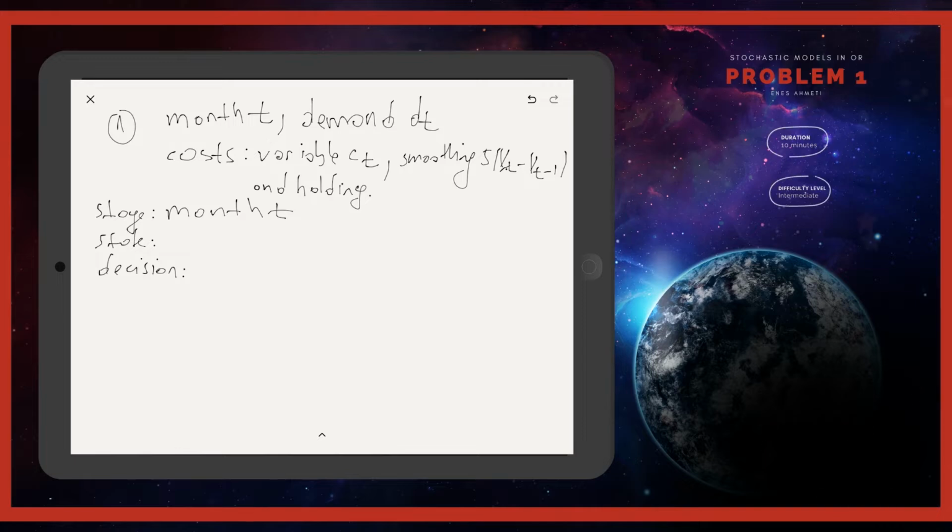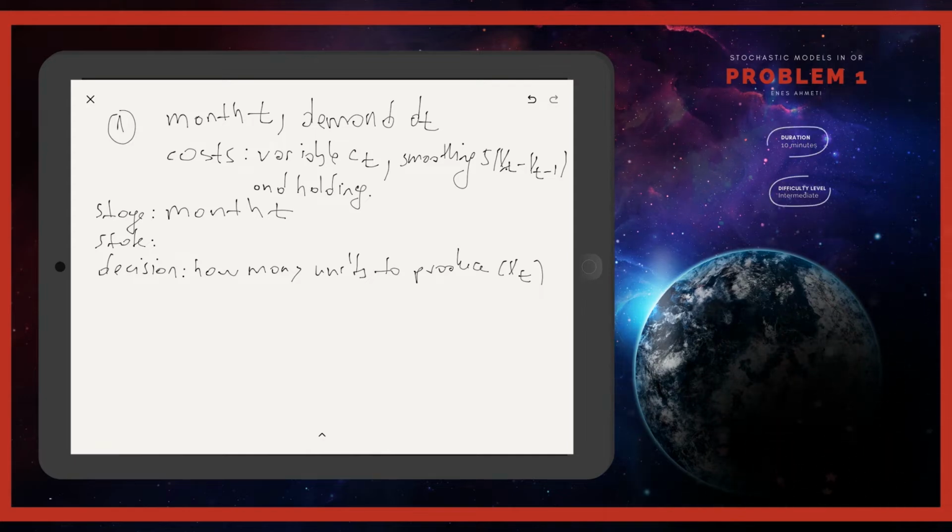What are we trying to find out in this question? We are trying to determine how many units to produce each month so that we minimize our total cost. So our decision is how many units to produce. We will call this XT.